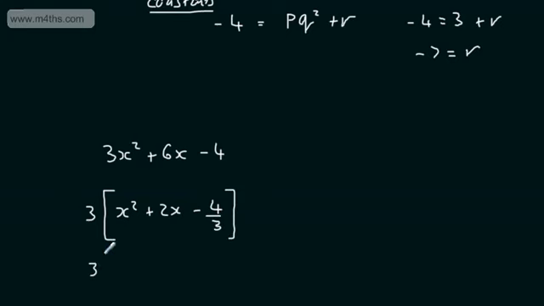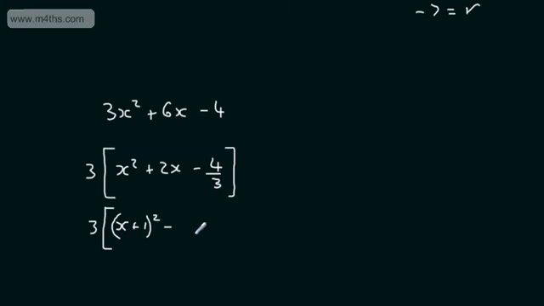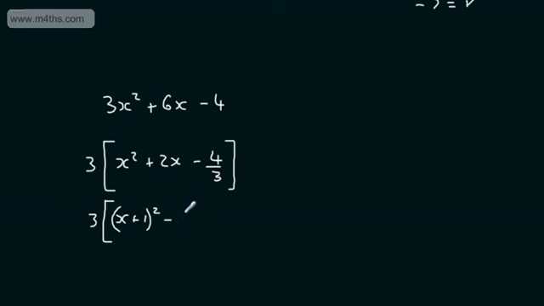So we'll have 3, and then we will have x plus 1 all squared minus 1. Now at this stage what I'm going to do is write this now as minus 3 over 3, minus the 4 over 3. So all I've done is subtracted 1 away, and I've just written it with the same denominator here. So entirely up to you.